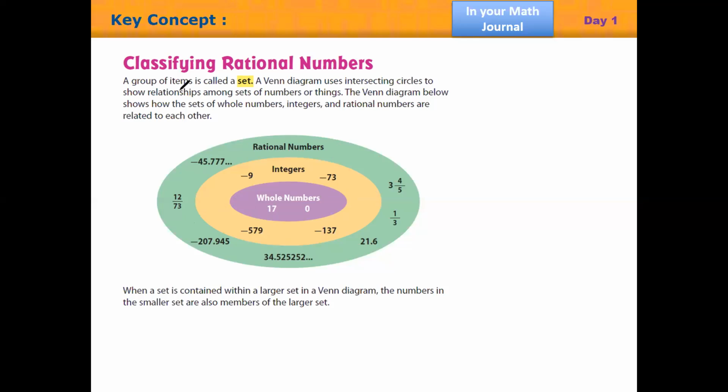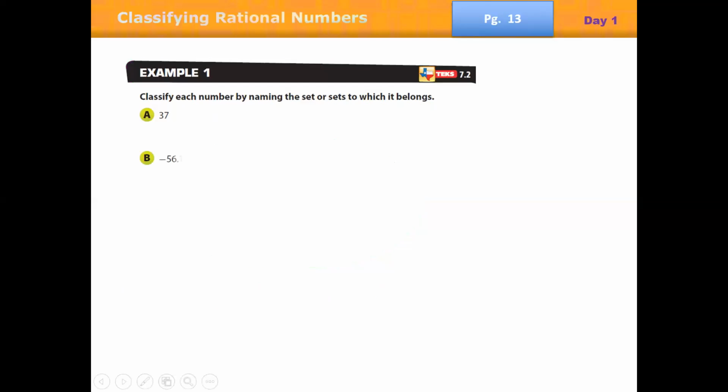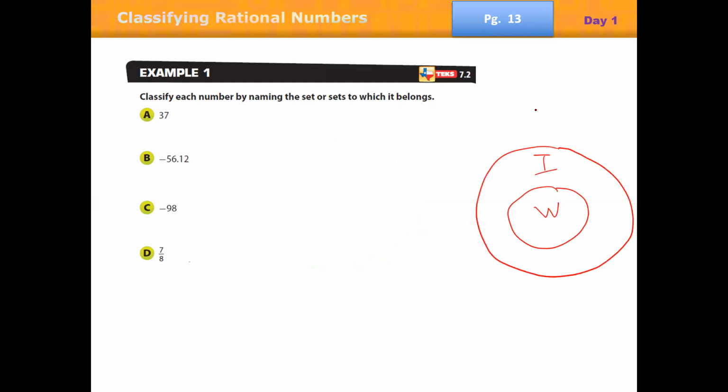So the next slide, we are going to classify these 4 numbers and see where they belong. So have your journal with you with those notes, and I'm gonna label W for whole number, so we can remember that Venn diagram, I for integer, and R for rational number, okay?